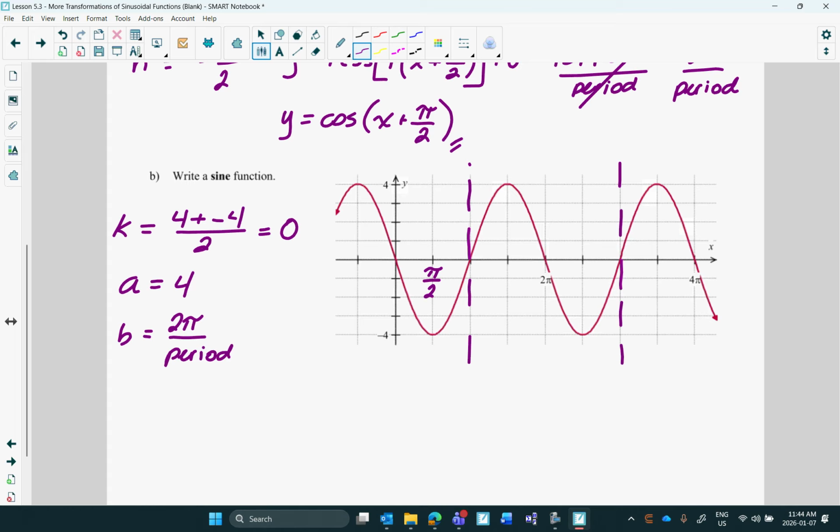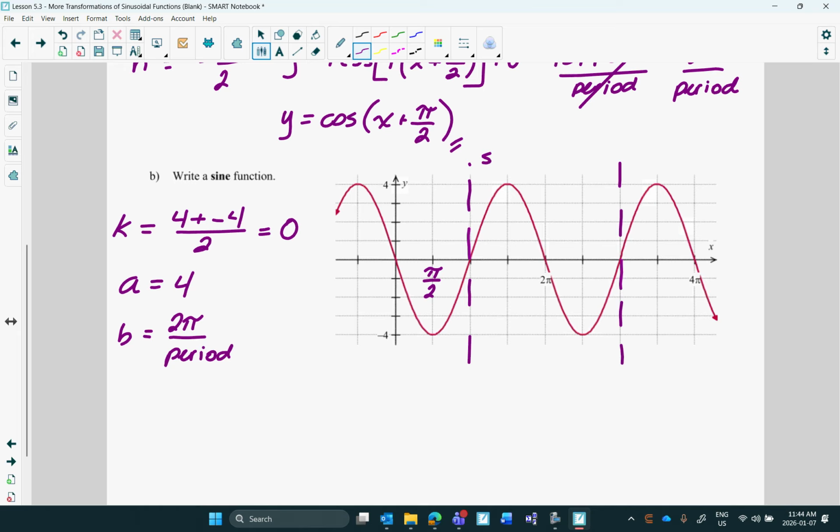You'll always be given the value of the 4th notch. Sometimes you might be given the value of the 2nd, but you're going to have to find the value of 1 notch. I always find it by saying, if 4 notches is this, then 1 notch is this divided by 4. Never fails. So I've got 1 pi over 2, 2 pi over 2, 3 pi over 2, 4 pi over 2, which is 2 pi here.